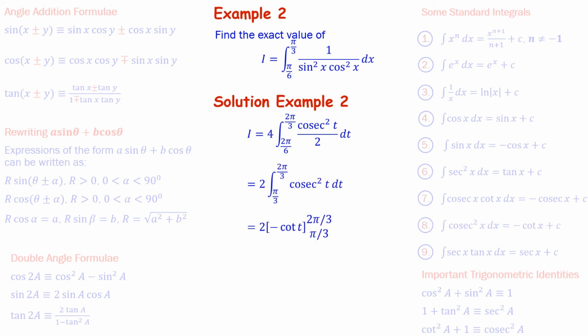So let's now calculate this expression. We have 2 times minus cot 2 pi by 3 as shown, minus cot pi by 3 as shown here, to give us 2 times minus root 3 over 3 plus root 3 over 3.